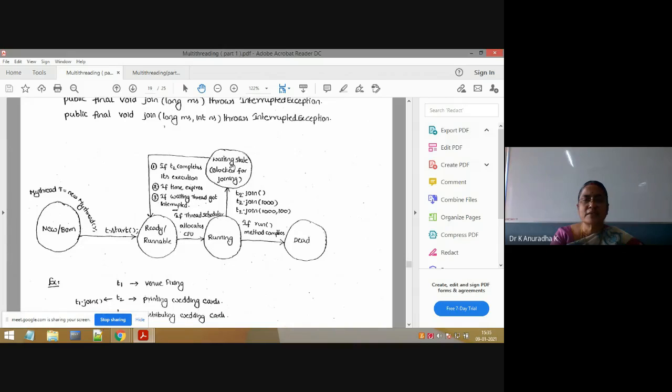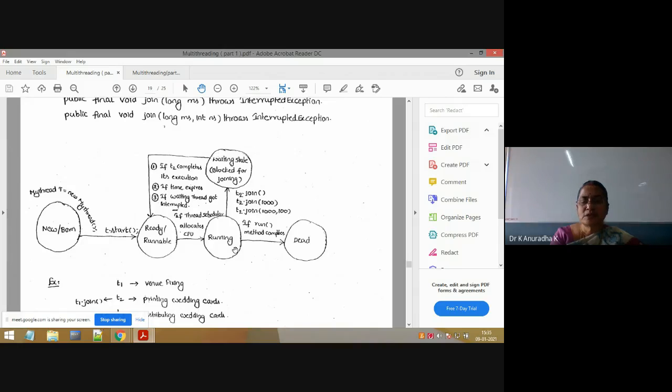The child thread already completed its execution. Because there is only one thread in the queue, the thread scheduler allocates the CPU to the main thread. Now the main thread got the CPU and it completes its execution.